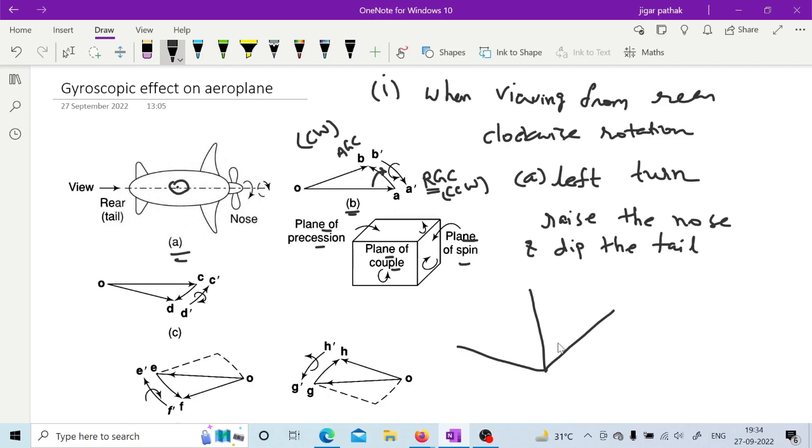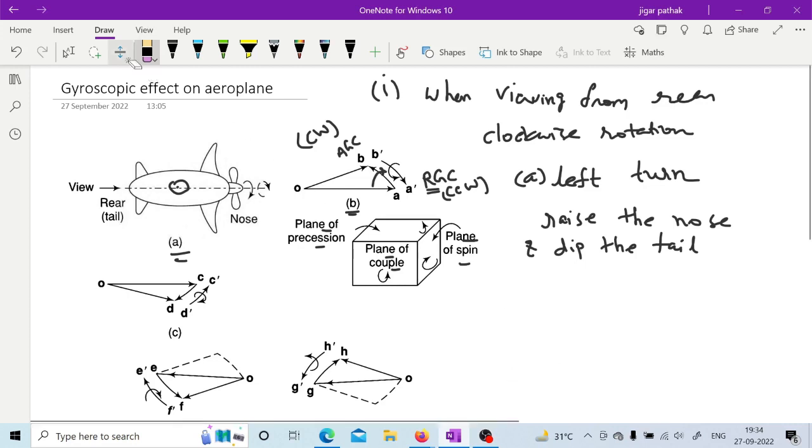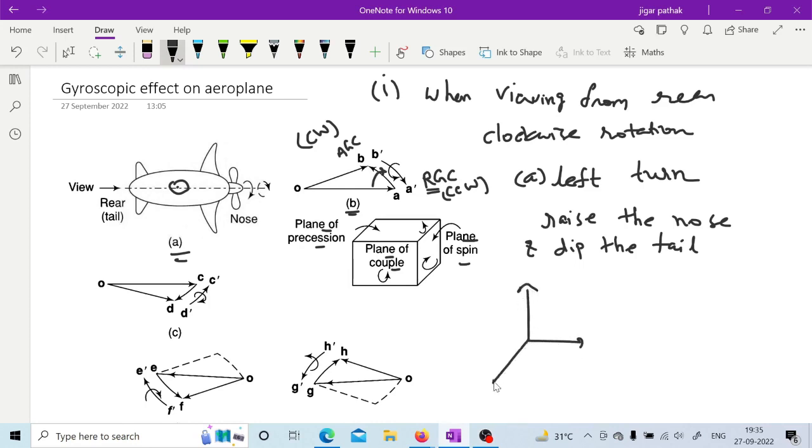Here also, not all the three axes are isometric. You have this third axis which is coming out. Here the plane is moving in this direction with the rotating element having clockwise rotation viewing from the rear.